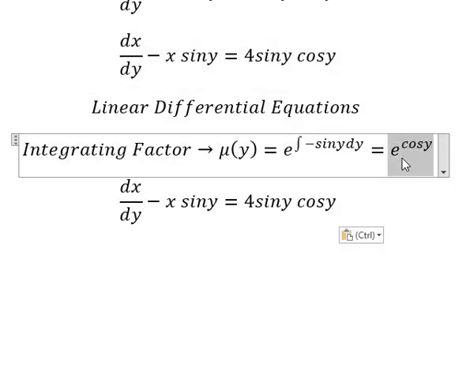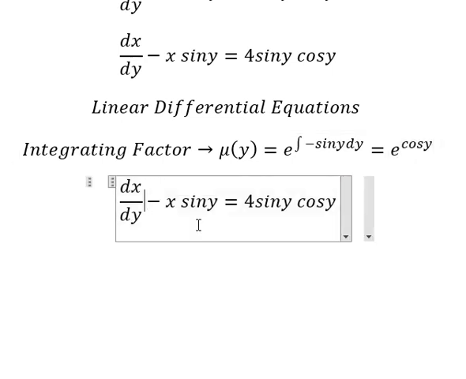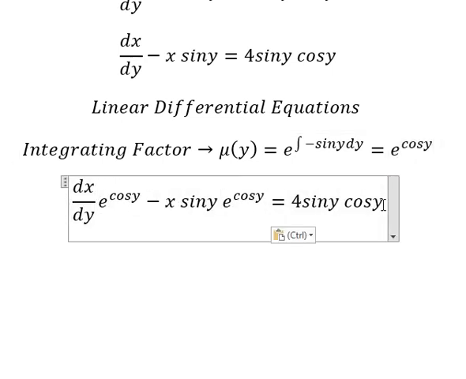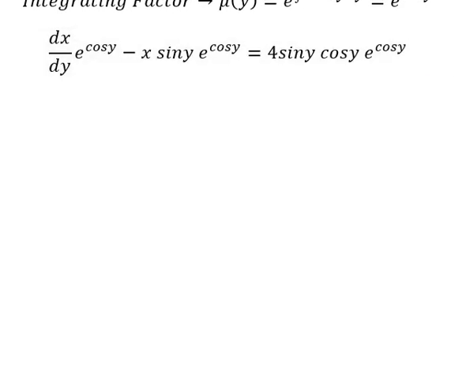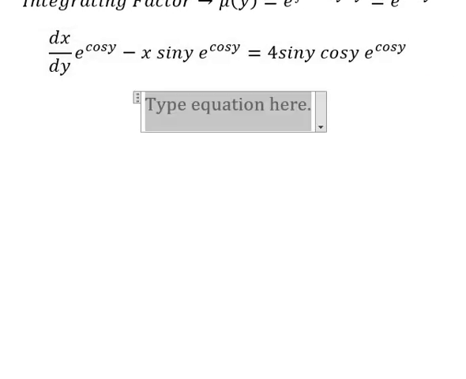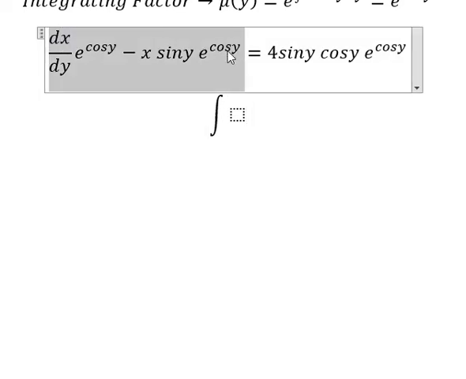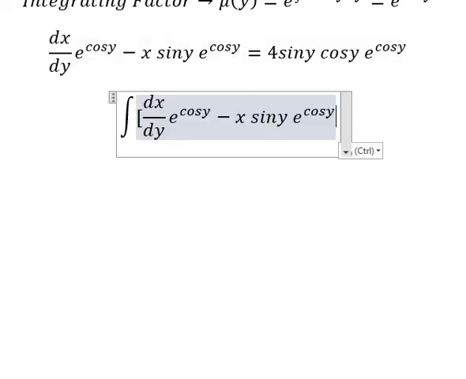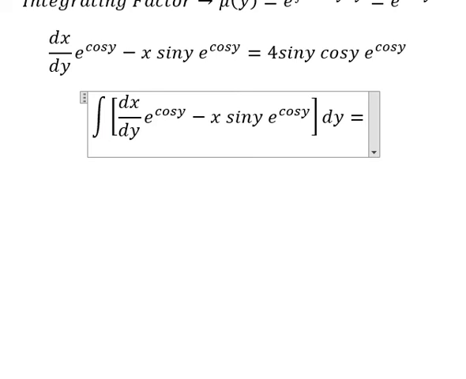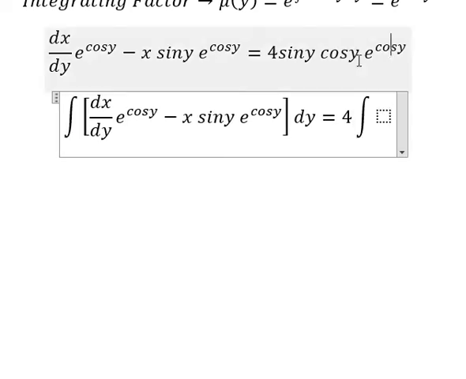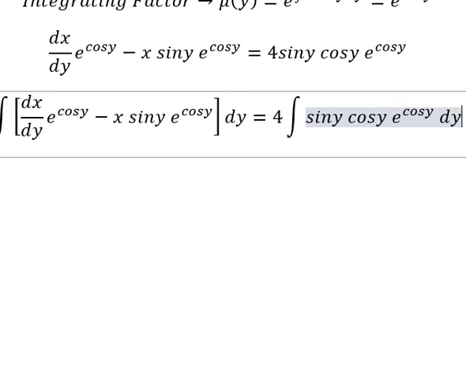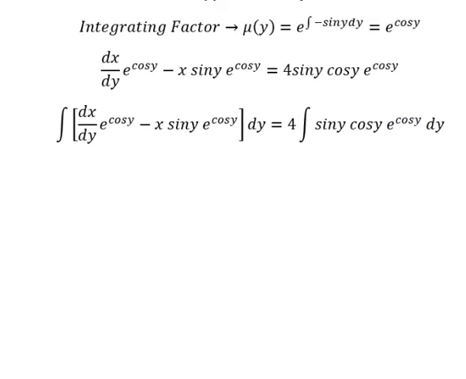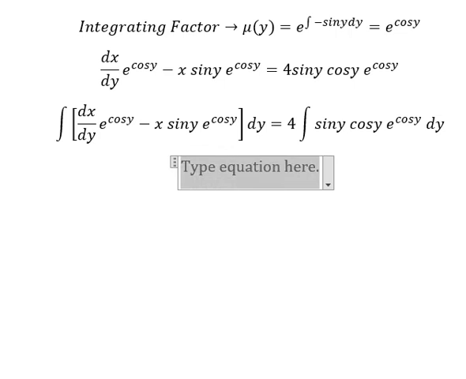That means we multiply both sides by this one. Next, we need to integrate both sides. So in this one, we need to use the product rule of derivative.